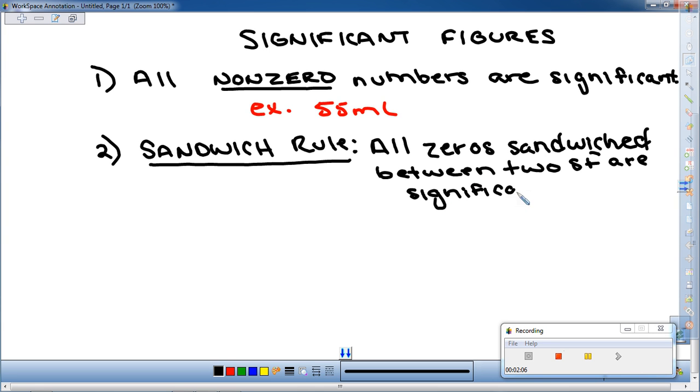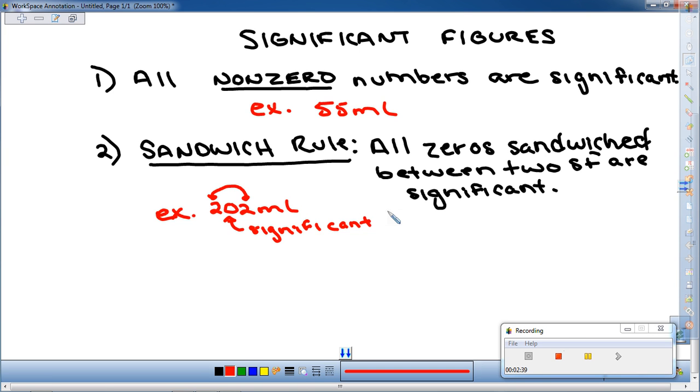So there's a couple examples. A simple one is, if you have a larger graduated cylinder and you measure 202 milliliters, that zero in the middle is significant because it's sandwiched by two significant figures. The 2's, according to rule number 1, are significant, which makes the zero in the middle significant.